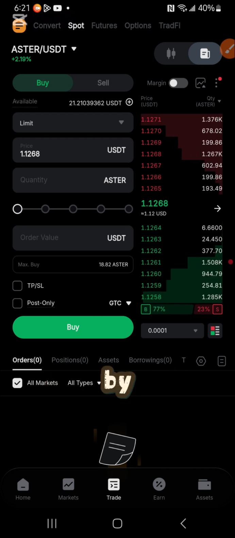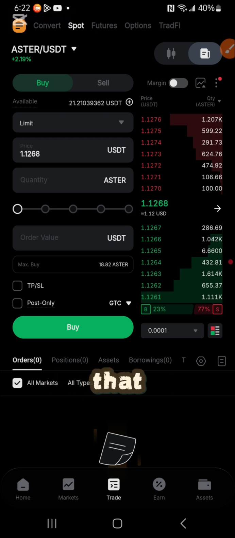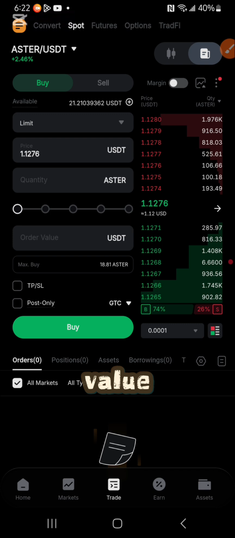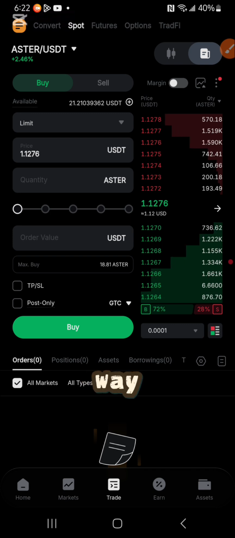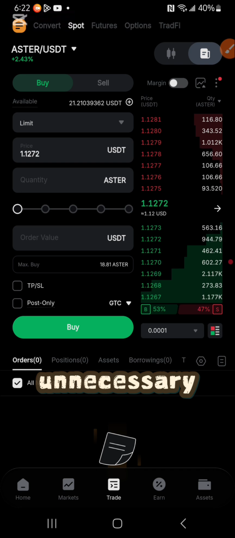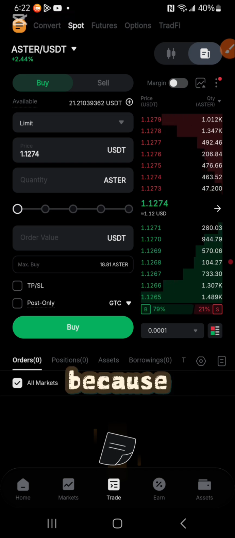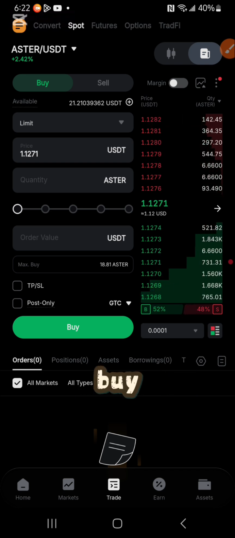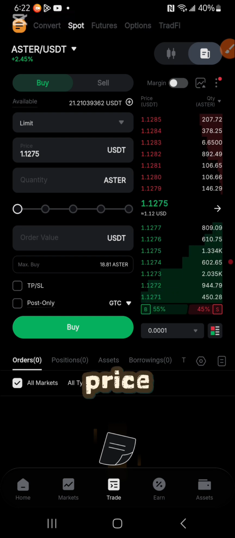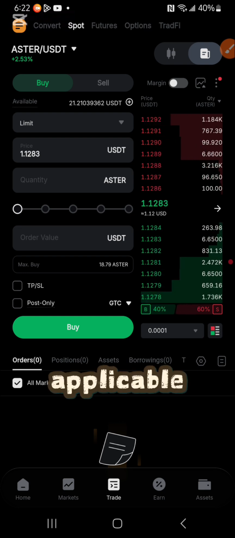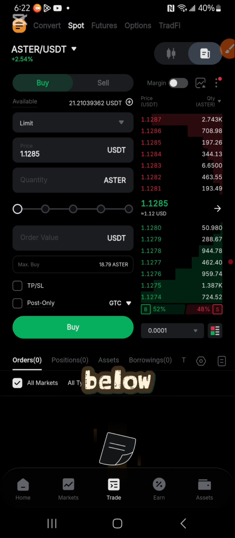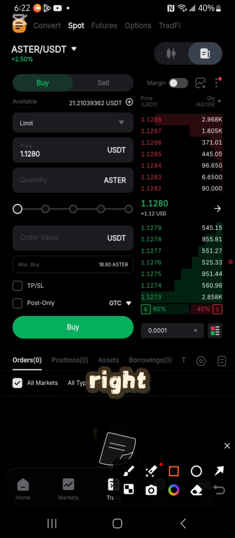What I meant by a discounted price is that you are buying the coin below the current value of the asset. That way you get to probably avoid some unnecessary fees, because if you are aiming to buy it instantly, like with the current market price, there might be some fees applicable. So that's the more reason for buying slightly below the current value.